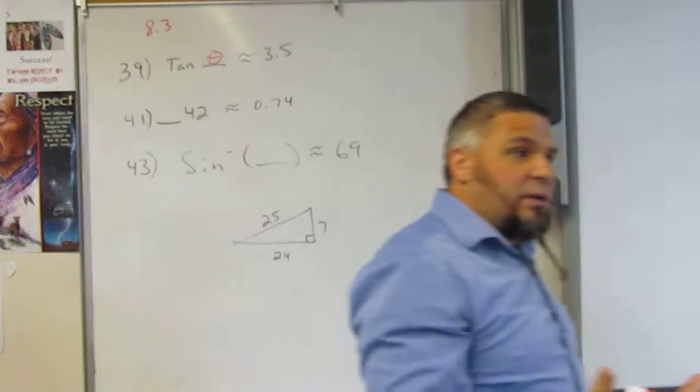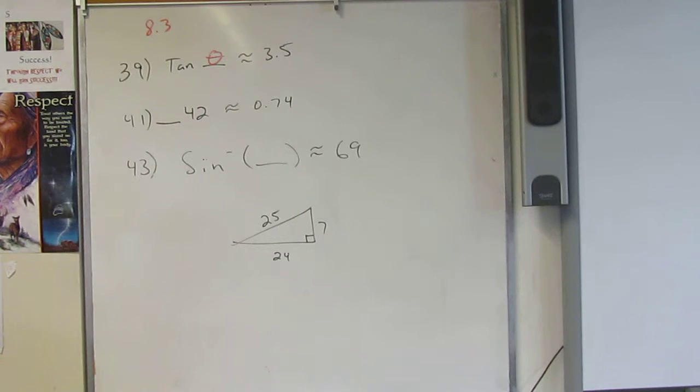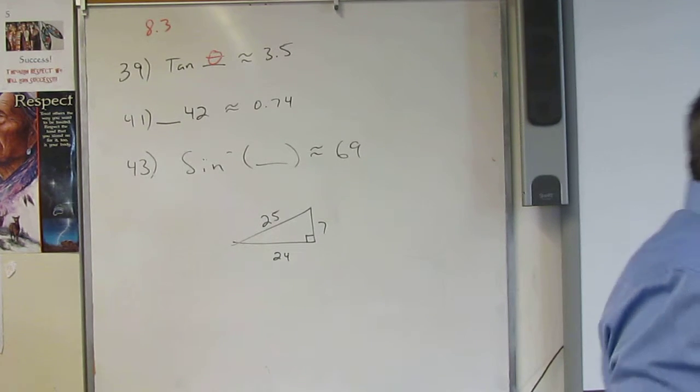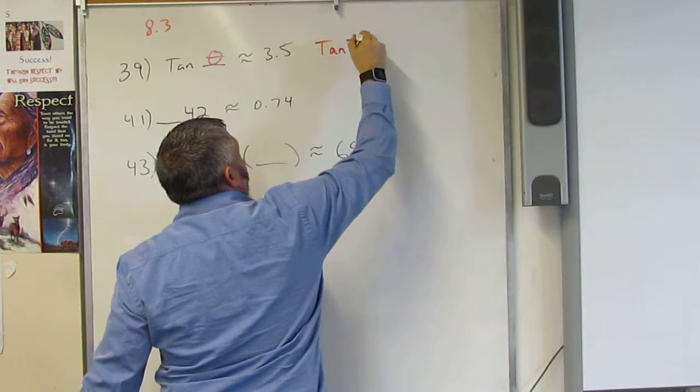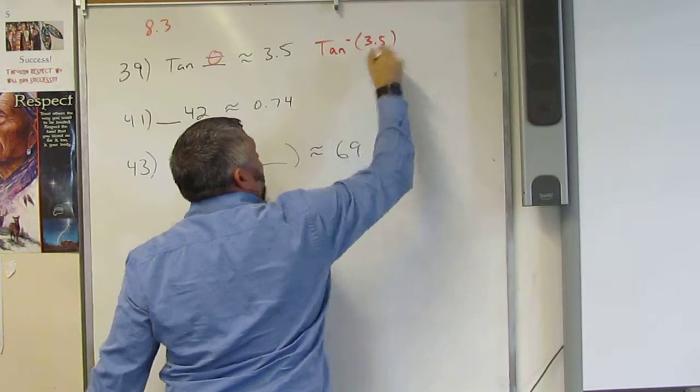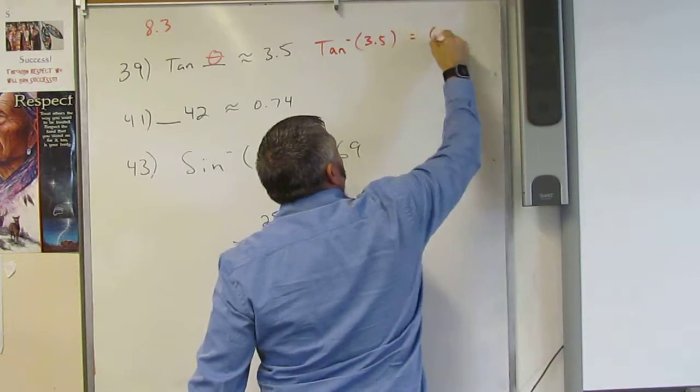Do you remember yesterday? How do you find an angle? The inverse of Soh Cah Toa. So we're going to get tan inverse of 3.5 is equal to theta.